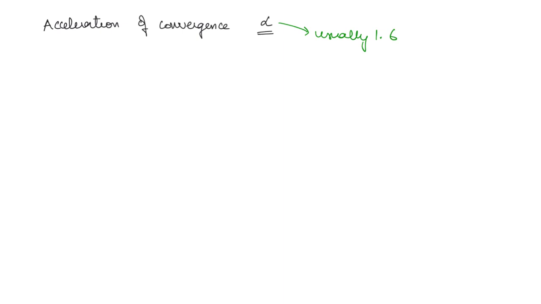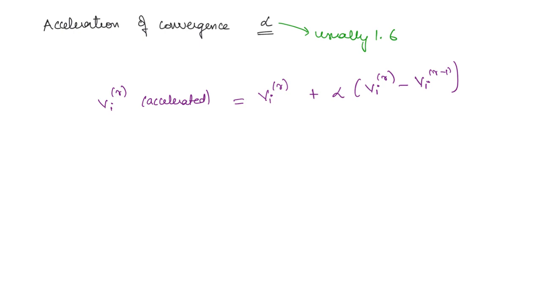How we use it is, for the rth iteration of voltage V_i^r, you can write it in the accelerated form. The accelerated form of the rth iteration will be equal to whatever calculated value of the rth iteration you are getting, plus alpha into (V_i^r minus V_i^(r-1)). It's simple, nothing else.